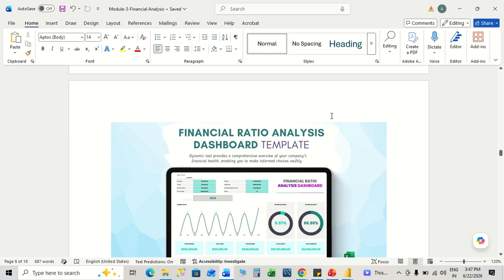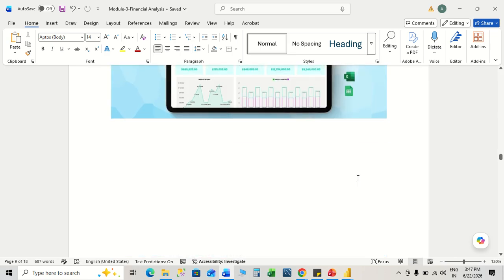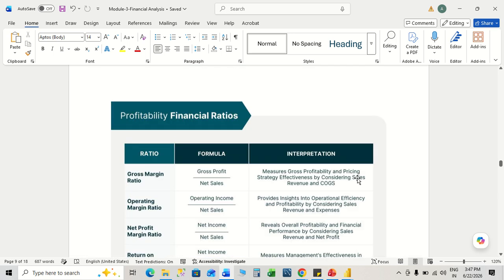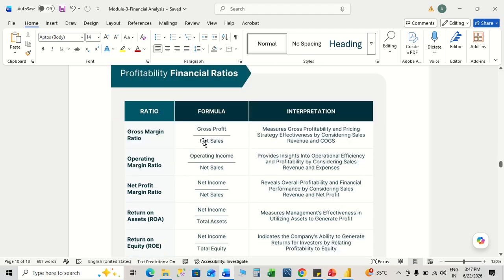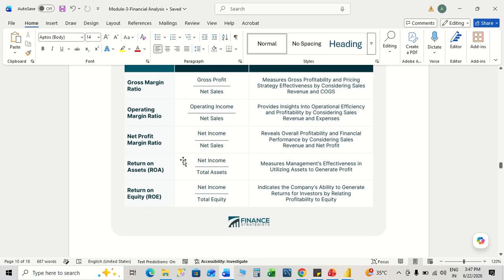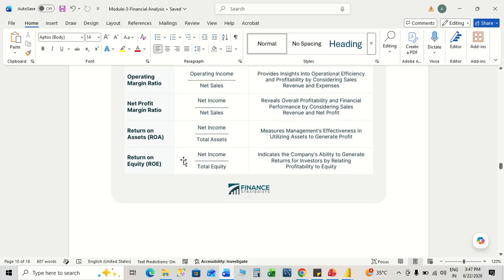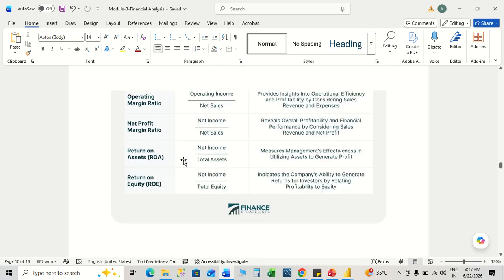So financial ratio analysis dashboard templates. We'll try to create a financial dashboard. Profitability financial ratios: gross margin ratio, operating margin ratio, profit margin ratio, return on assets, return on equity.